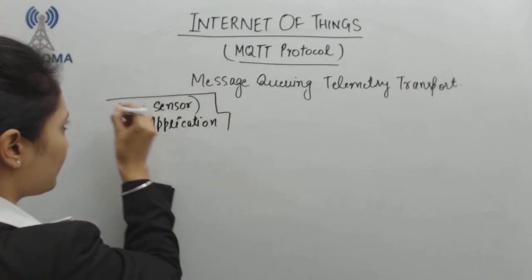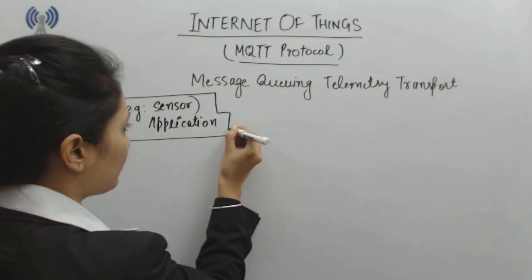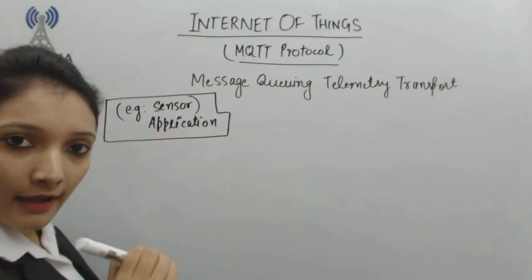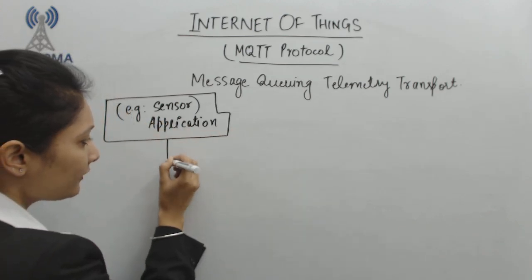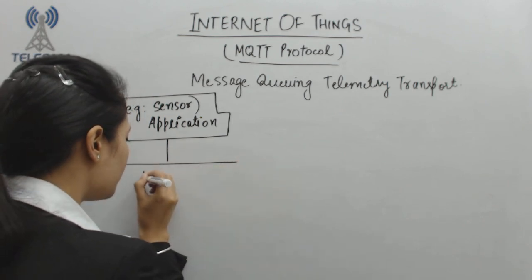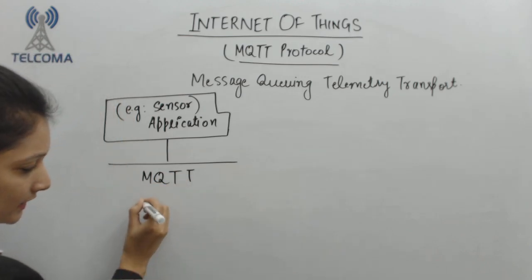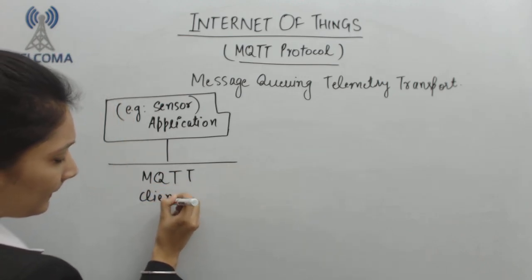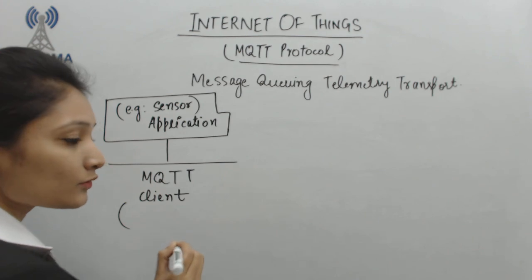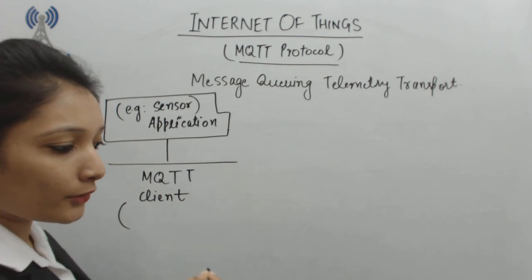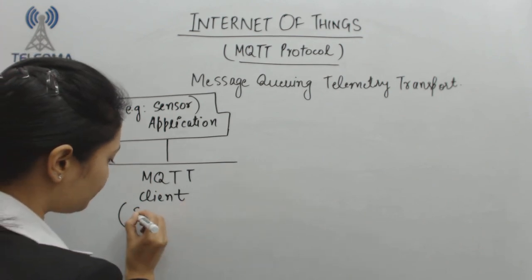This is the application here. Now after that you will have MQTT clients. So these are basically your publishers or your subscribers.